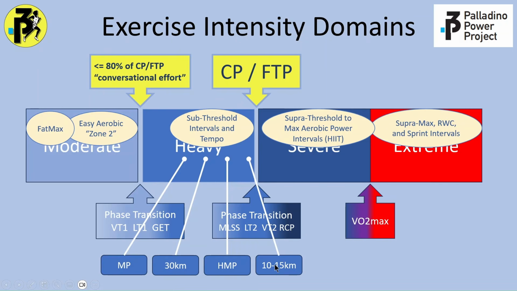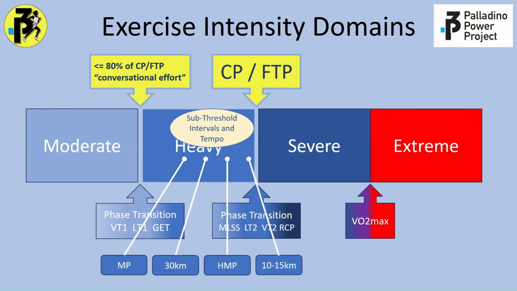And if you know the Norwegian singles concept of training, they talk about 10 to 15K effort, half marathon power effort, 30K effort. So I put those in there to show you how they're distributed in that heavy domain, which is where we typically prescribe subthreshold and tempo intervals. So let's focus on that because that aligns really well with this sweet spot concept, or the Norwegian concept in more contemporary terminology.